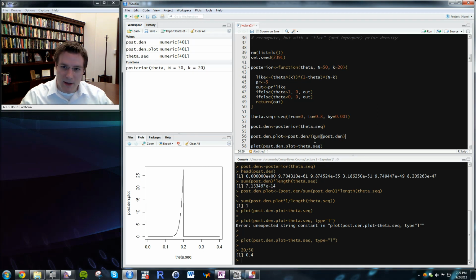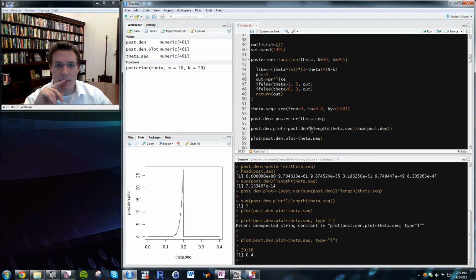and then, hold on, multiply by the length of the theta sequence divided by the sum of the posterior density, and I can fix that all on the back end. There's going to be no problem, even despite the fact that my prior is improper.